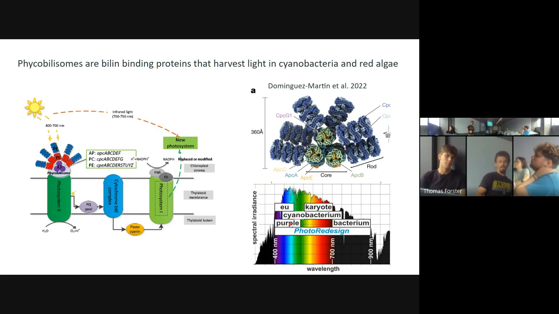So you can see how they can enhance the amount of energy you could pass into a reaction center if you don't have this already. And they basically represent a really interesting target for trying to span a range of different wavelengths by using slightly different soluble proteins that all absorb light in different ways.